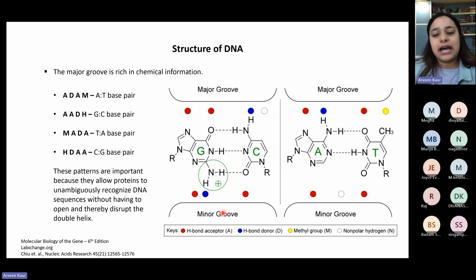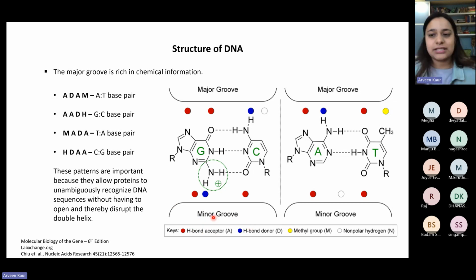Now the question arises as to why we don't say the same for the minor groove. Because over here also we can see that there are some electron pairs present, which in the case of G and C will represent hydrogen bond acceptor A, then hydrogen bond donor D, and then again hydrogen bond acceptor A, right? So it will be ADA in case of G and C. But again, if C is present over here and G is present on the other strand, this signature will again be the same, ADA, right?